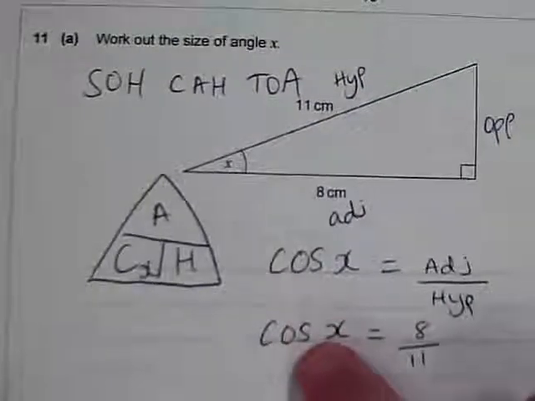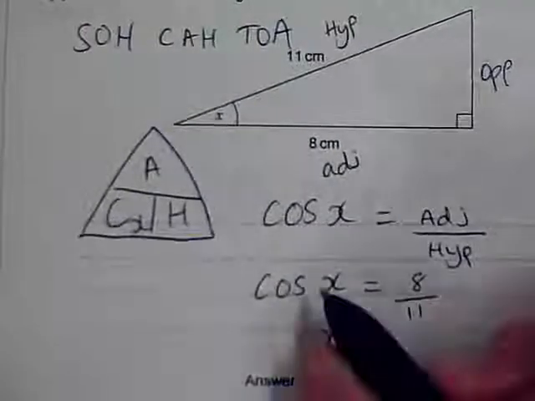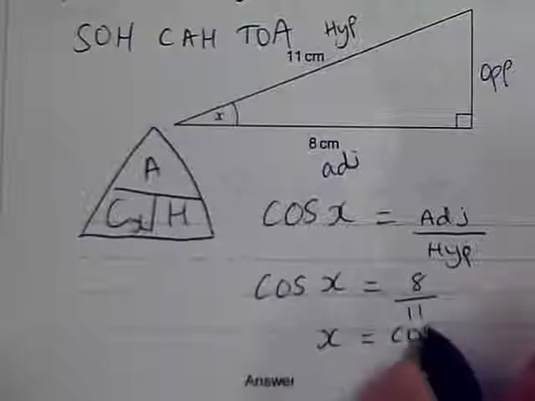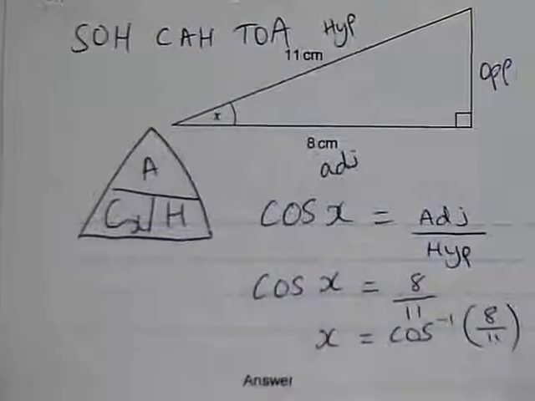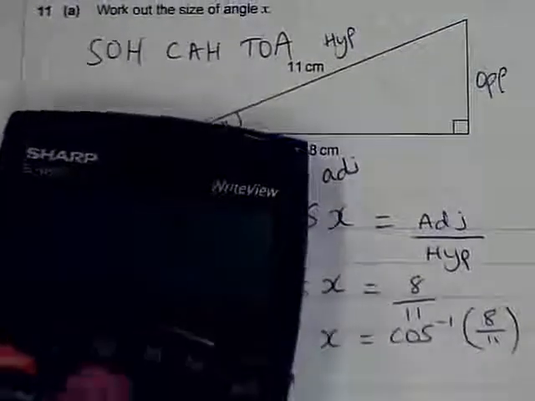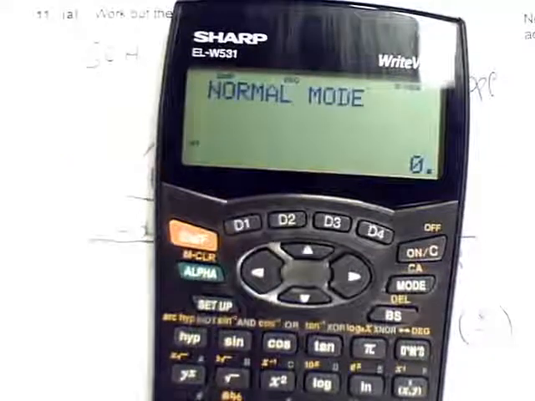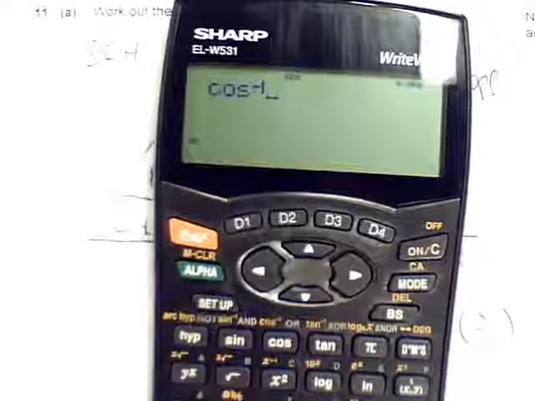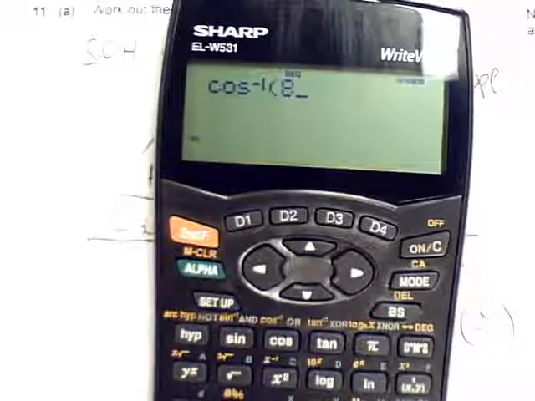And to find out the angle itself, this is when I need to use the inverse function. So it's going to be the inverse of cos, and 8 over 11. So putting this into my calculator, I need to press the shift button or second function button for cos, open my brackets, and it's 8 over 11.